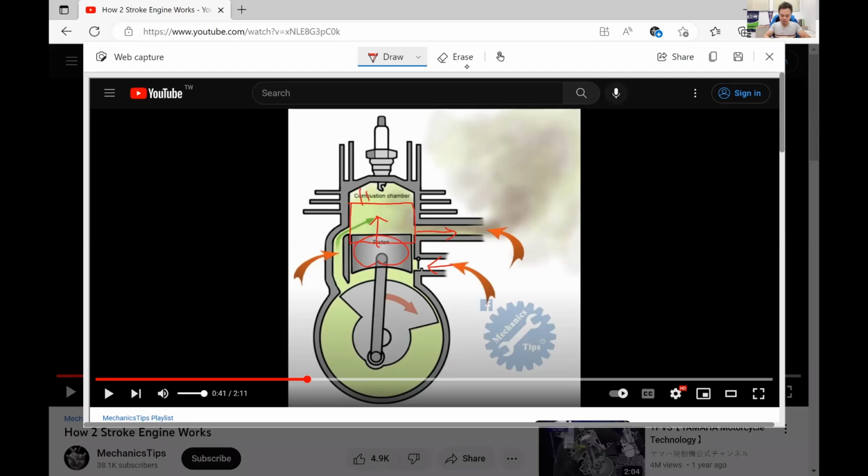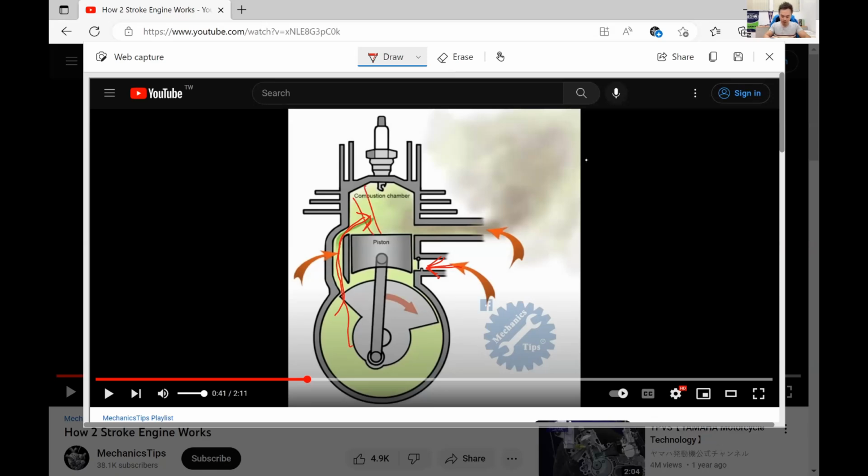So when combustion happens, the piston moves down and lets the exhaust port open. At the same time, when moving down, the piston covers the inlet port. Then it pushes this green part through this passage into the combustion chamber.